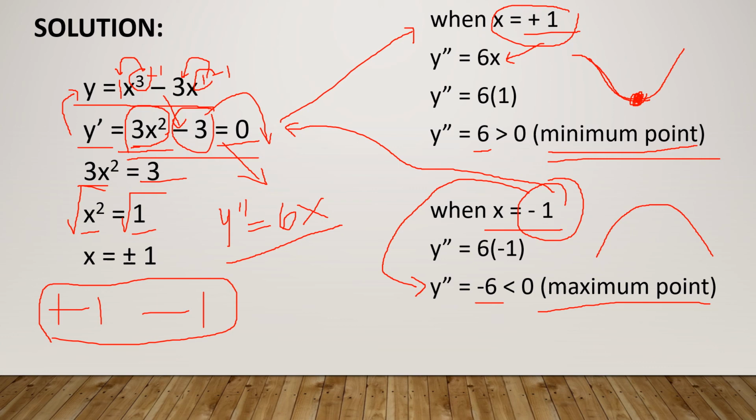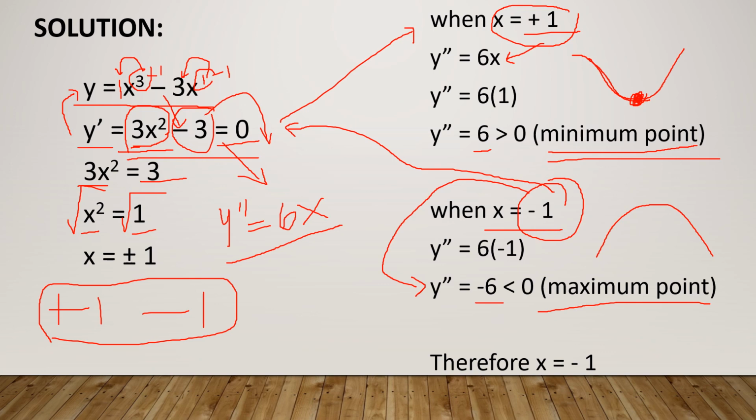So that will be your slope. Just a while ago, I said that if your y double prime is a negative value and your slope is 0, then that value is your maximum point. So therefore, your x now is equal to -1.